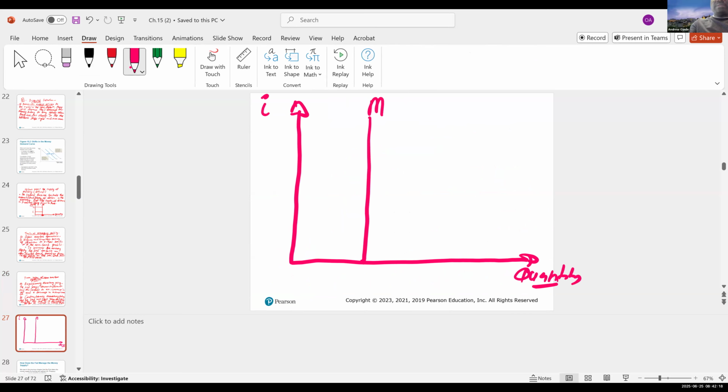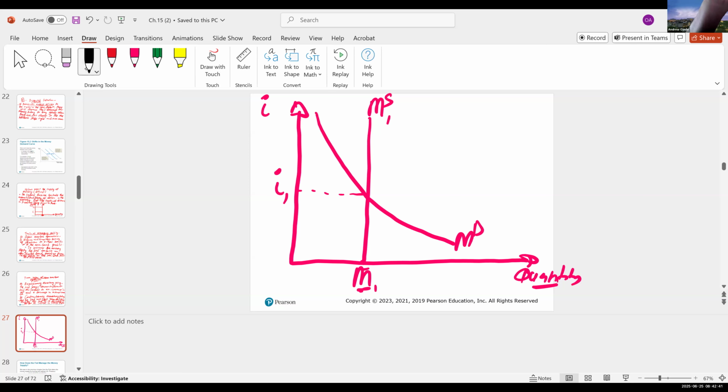So if I call this MS1, it's going to be the quantity of money here. And then we embed the money demand curve, which we say is downward sloping. We call this MD. The point of intersection between the demand for money and supply of money will determine the equilibrium interest rate and an equilibrium stock of dollars, M1. So what I'm saying here is that if the Fed pursues an expansionary monetary policy by buying bonds, that leads to an increase in the money supply, meaning that the money supply curve is going to shift to the right when the Fed buys bonds.